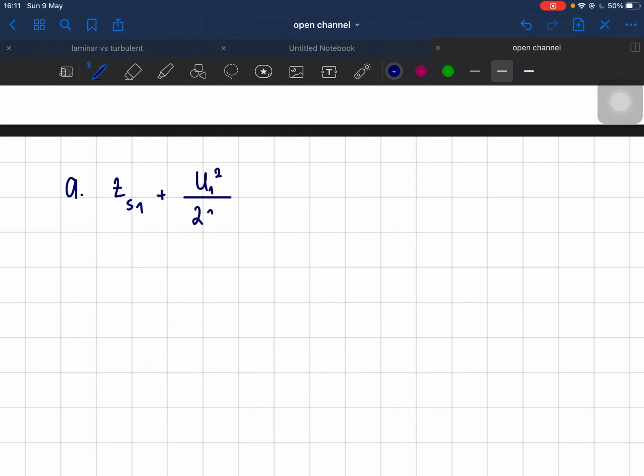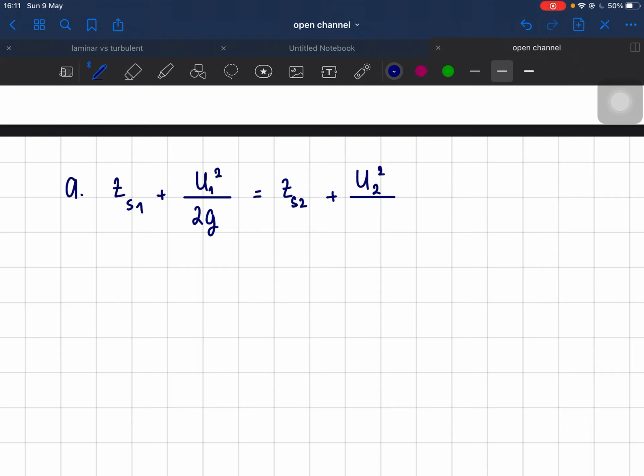Let's go back here. I think you guys have seen this plenty of times. You don't need to know where the equation is from because this is a common equation in hydraulics. Z2 plus... because the gate has 2 sides, of course we need to consider both sides of the gate.